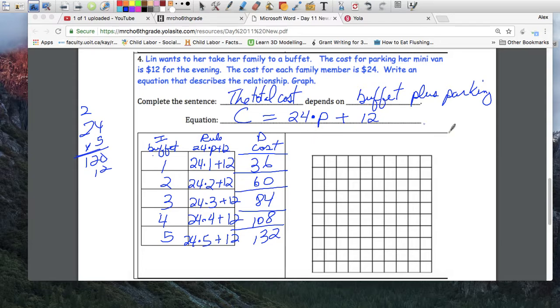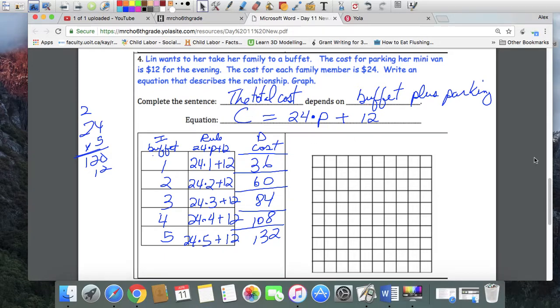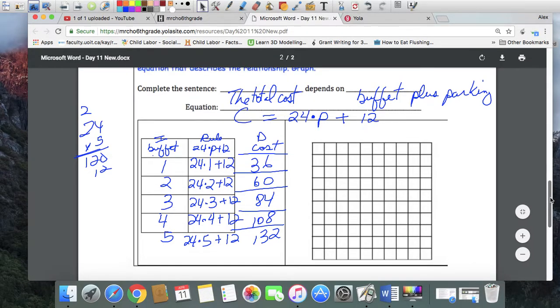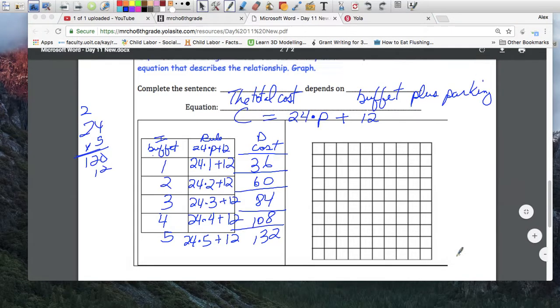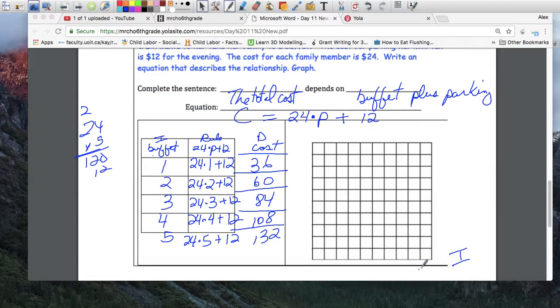Okay, so let me just lower this a little bit. Our independent always goes here, and in this case, the number of people is our independent, and our dependent over here is our cost.